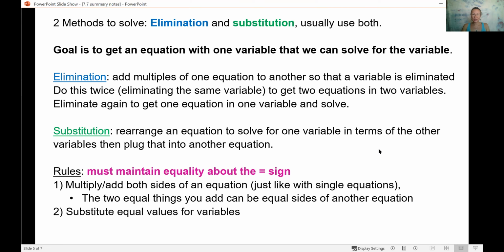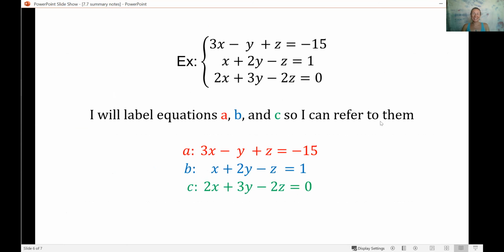All of this will hopefully start to make sense once we get to our example. So our first example, we're going to have these three equations. I'm going to label the first equation A in red, the second equation B in blue, and the third equation C in green.